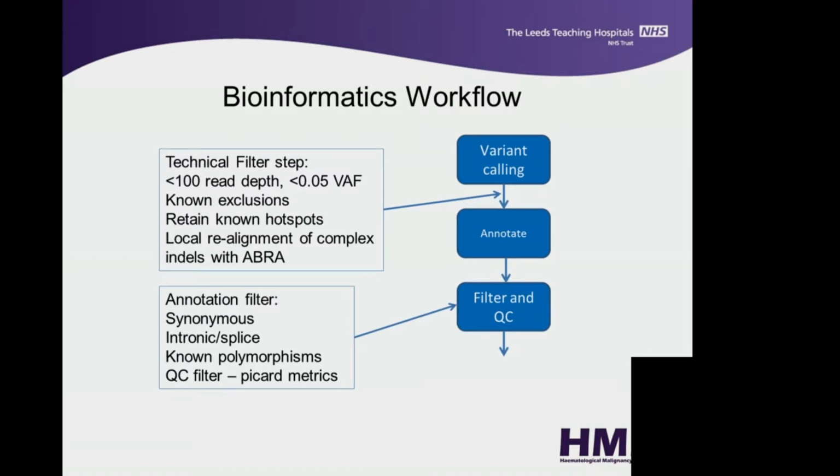So if I just home in on that bioinformatics workflow there, we have 2 filtering steps. We have a technical filtering step which occurs on the VCF files. We filter out any variant with a read depth below 100 and a VAF below 5%. Again, we retain all our hotspot regions, even if they're below that depth of read.